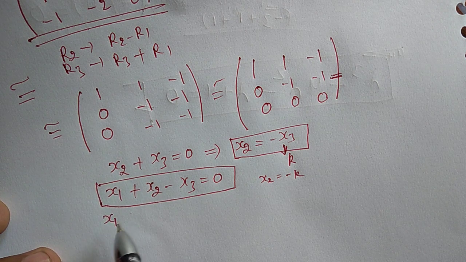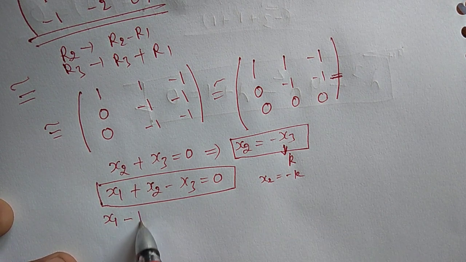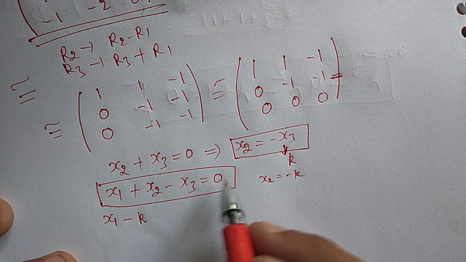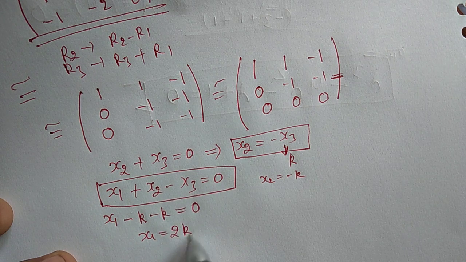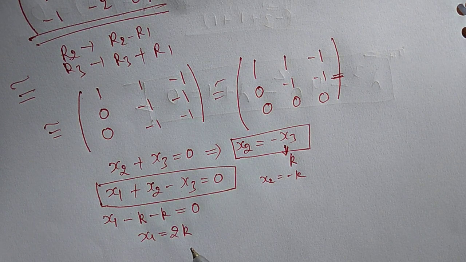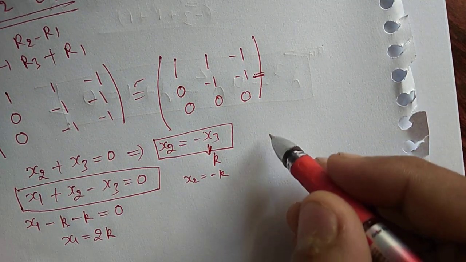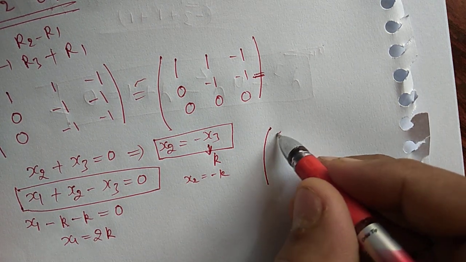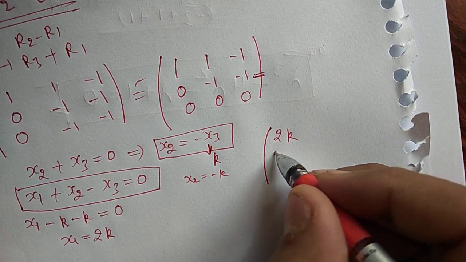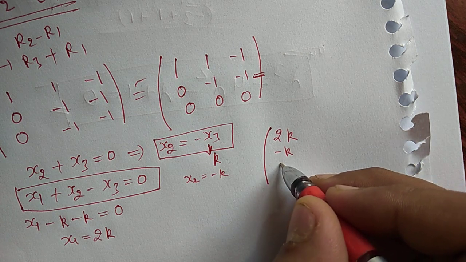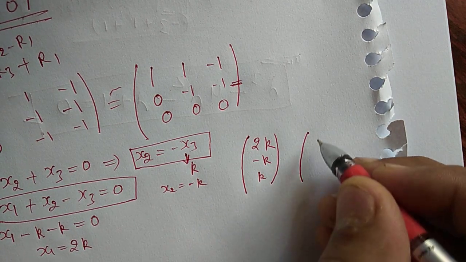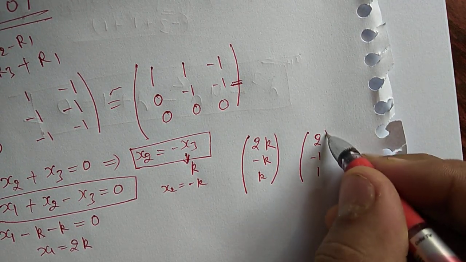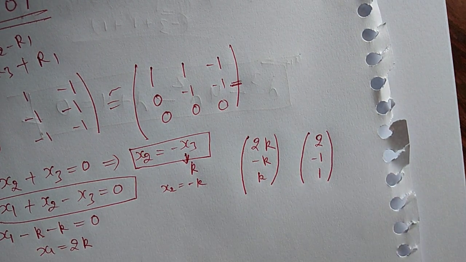Then x1 minus k minus k equal to 0, so x1 equal to 2k, where k is any real number. So the eigenvector will be x1 is 2k, x2 equal to minus k, and x3 equal to k. If k equal to 1, we have 2, minus 1, 1. So this is your eigenvector for lambda equal to 1.